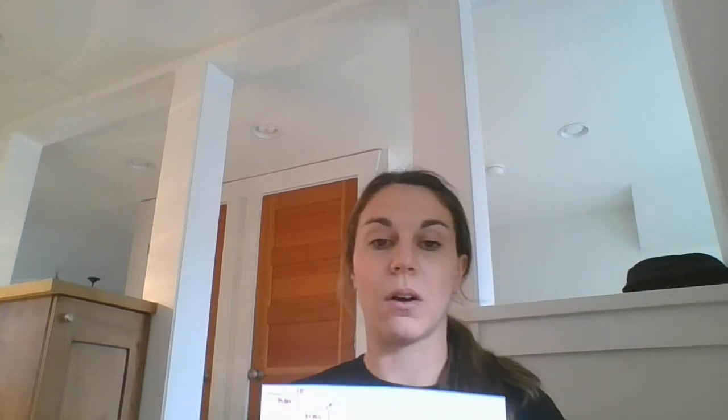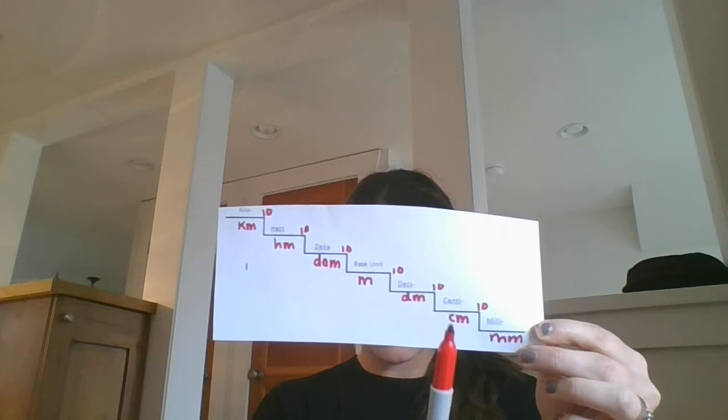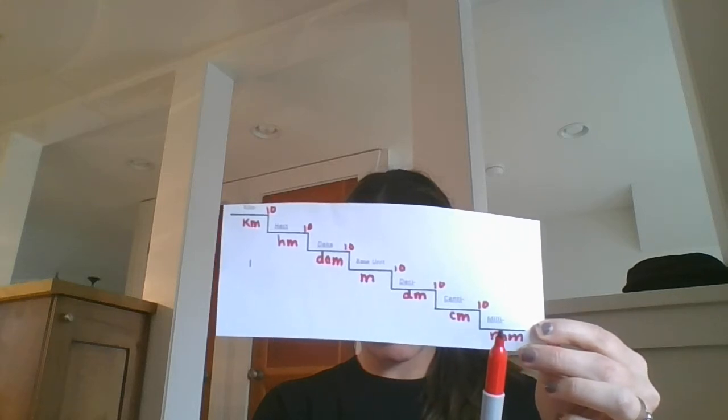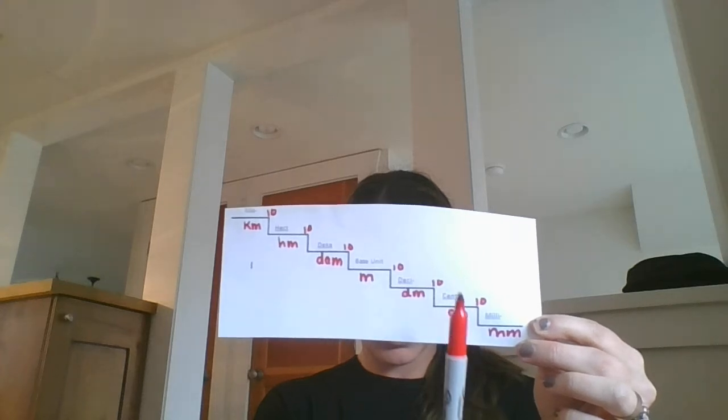Okay, so on each step of our staircase, I'm going to put a 10. So every time I take a step, let's say I'm at millimeter and I'm going to go up to meter, I take 1 step, 2 steps. That's how we're going to start using this.